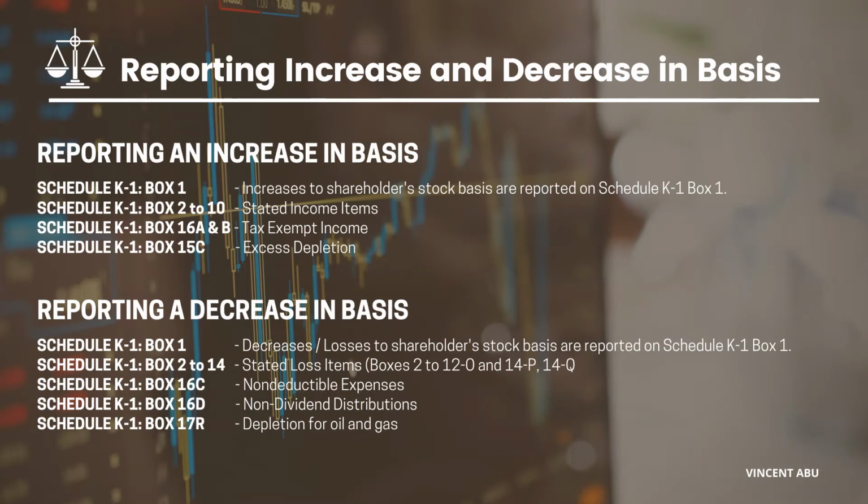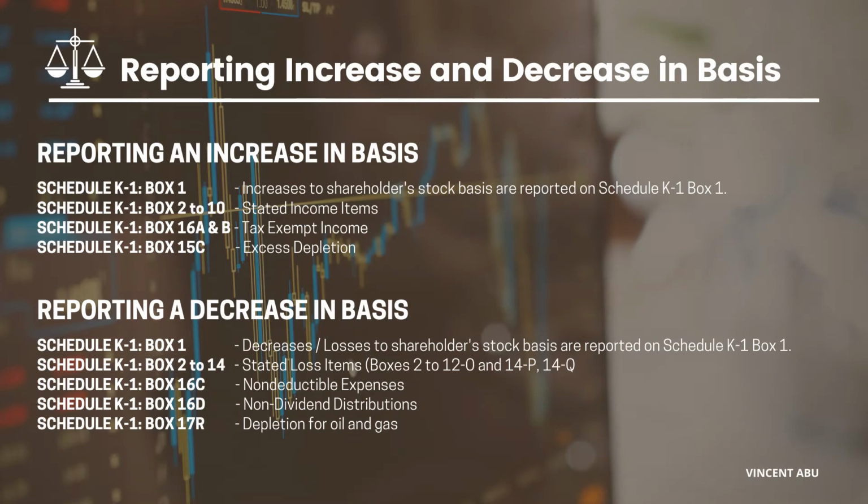Now, for reporting the decrease in basis, you follow fairly the same format, but it varies a little bit. A loss, or decreases, is reported on box 1 of a Schedule K-1. On boxes 2 through 14, in specific, 2 through 12O and 14P and 14Q, as per the IRS website, you're reporting the stated income loss items.